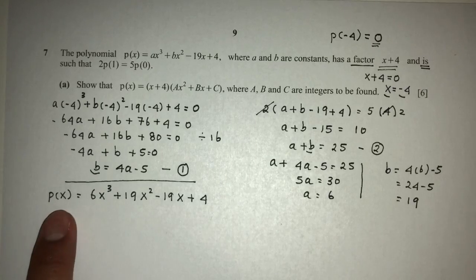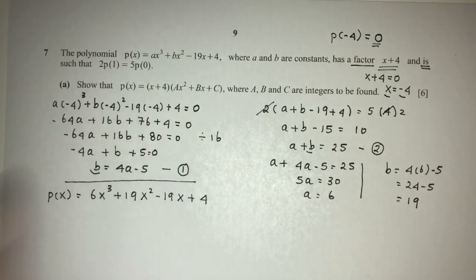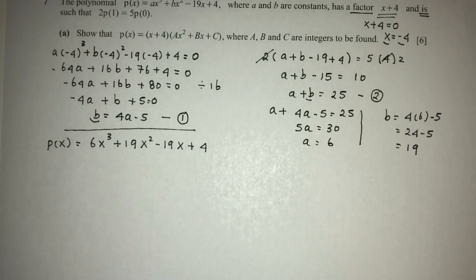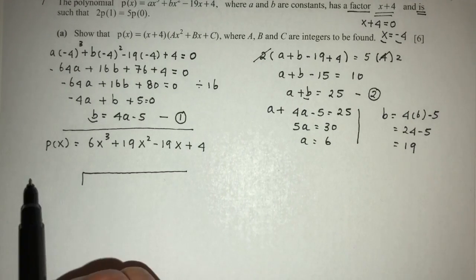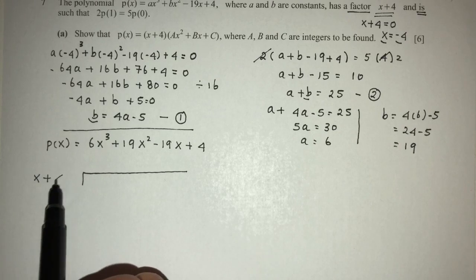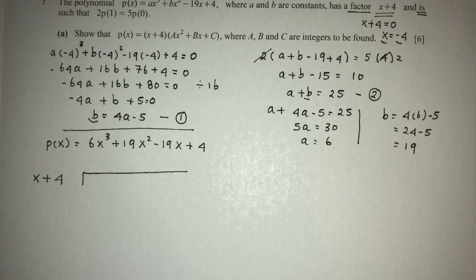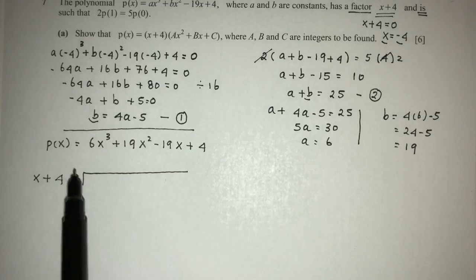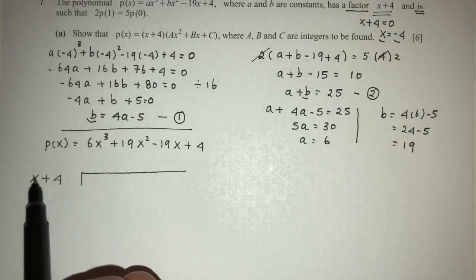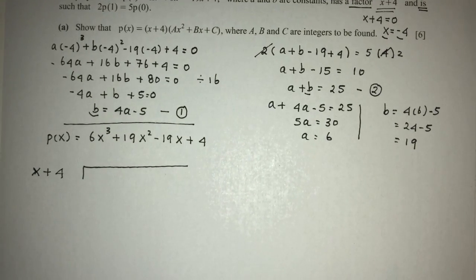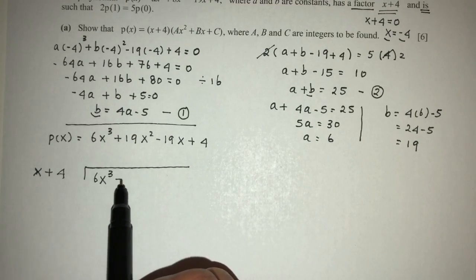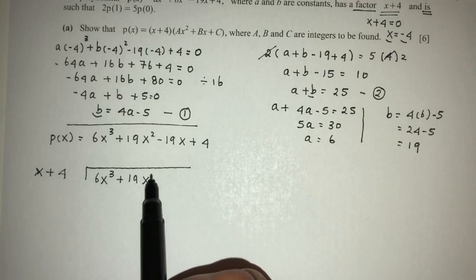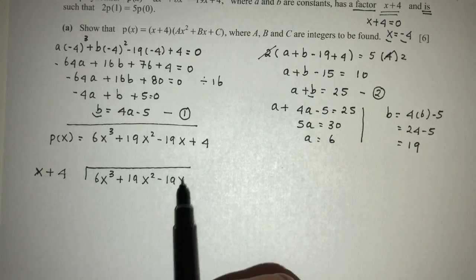But now we have to express this in terms of this. So pretty easy, because we do know that the factor of p of x is x plus 4, so we can just divide by x plus 4 and see what is the quotient. So that will be this plus 19x squared, 19x plus 1.